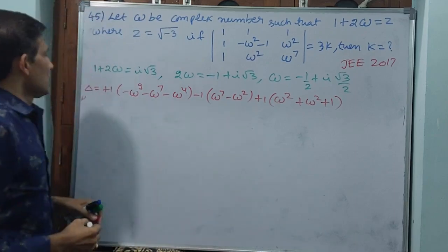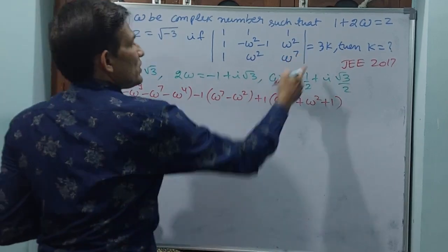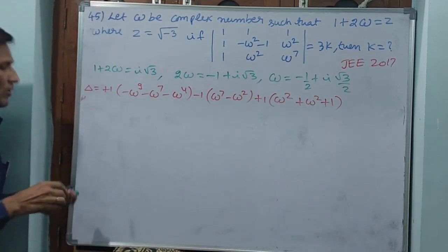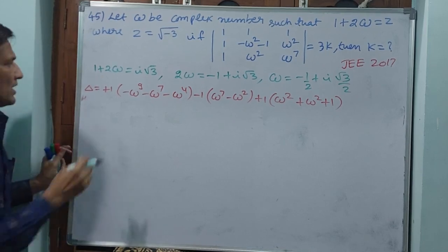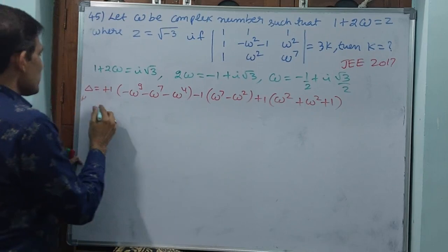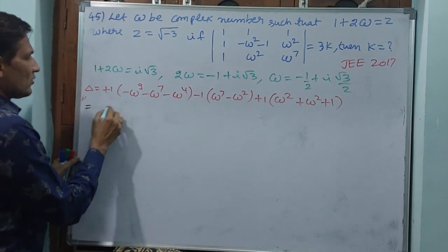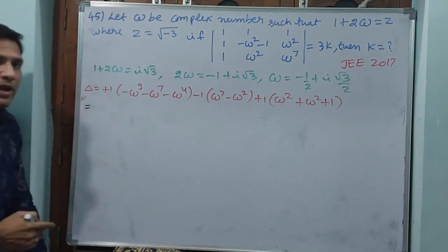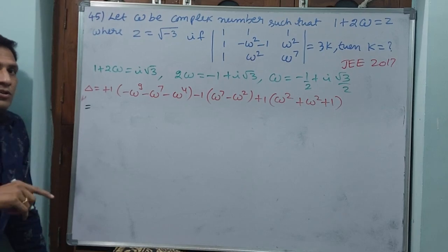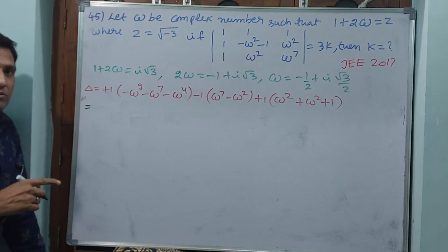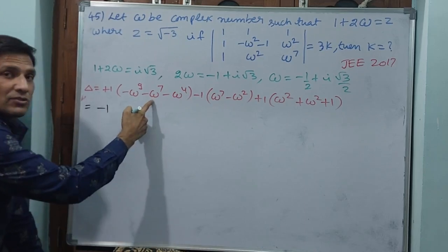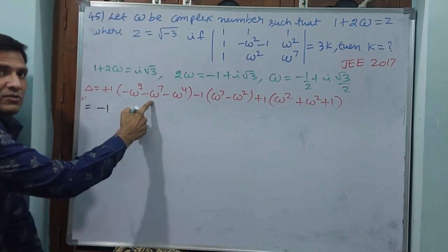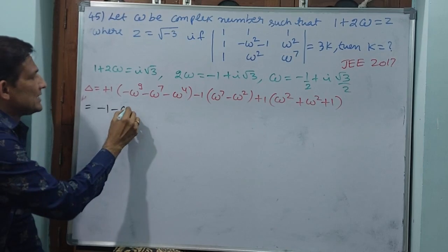See, this value is equivalent to 3k, but let us solve this value first. Afterwards we will substitute 3k. See, 1 into minus 1, you simply write this one: minus omega to the power of 9. If you multiply 3, it goes 3 times, that means minus 1. This value is minus 1. Here 6, 3 2 times 6, 1 minus omega.